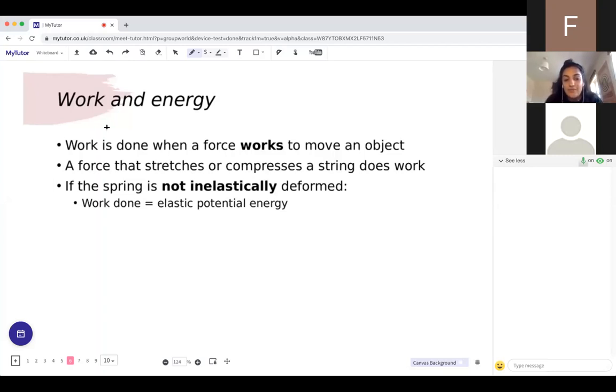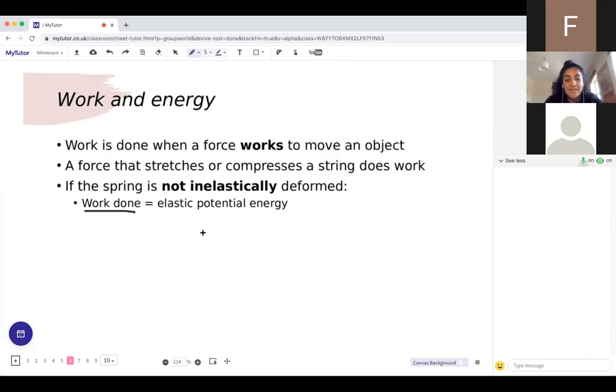Now, if the spring is not inelastically deformed, so in other words, elastically deformed, if the spring does return to its original shape, if it is elastic, then work done equals the elastic potential energy. Okay, so the work that is done in compressing or stretching the spring equals the elastic potential energy.